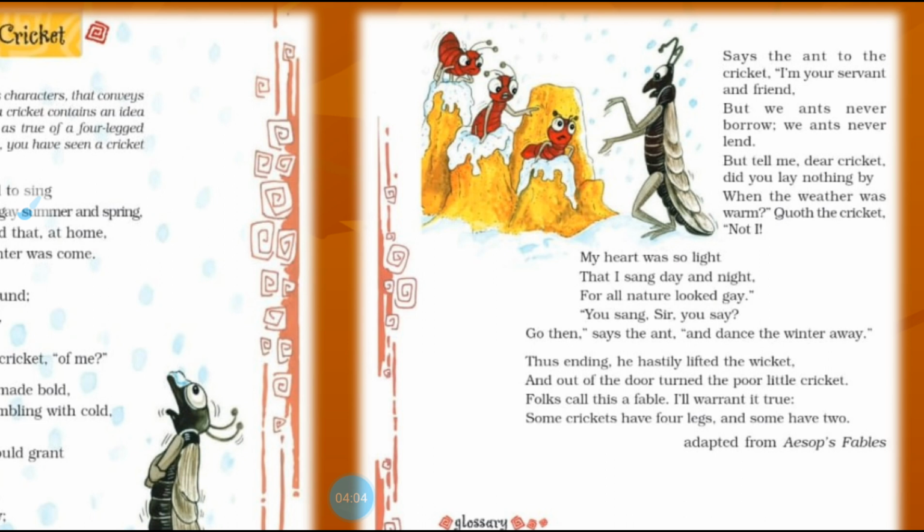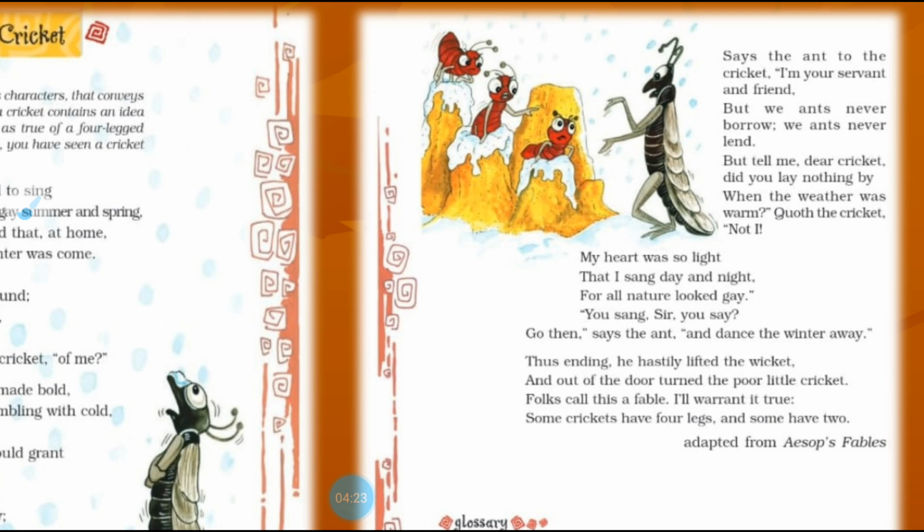To this question, the cricket replied very stupidly that his heart was so light at that time that he was singing and making merry, filling the whole earth and sky with his singing.